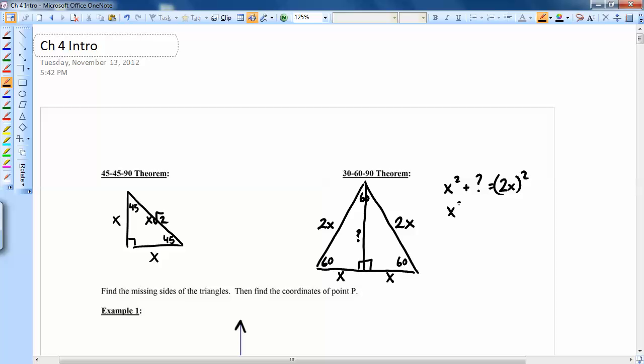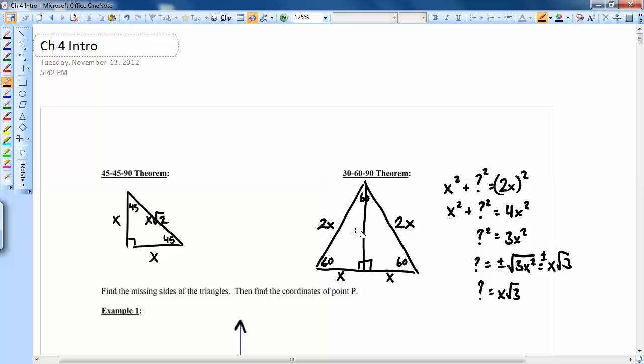So this is going to be x squared plus question mark squared equals 4x squared. So question mark squared is going to be 3x squared. Then you take the square root, and you get plus or minus root 3x squared, which turns into x root 3 with a plus or minus. But since it's a length, we're just looking at x root 3.